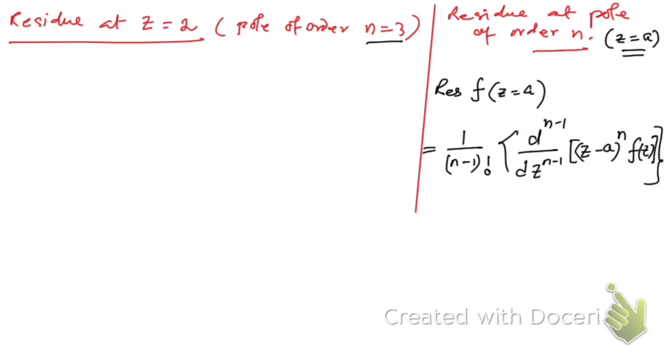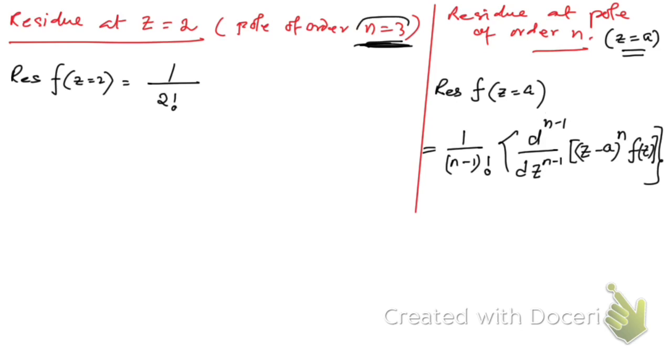So here n is equal to 3 and a is equal to 2. Therefore the residue of f of z at z is equal to 2 will be given by 1 by, as it is order 3, 3 minus 1 factorial, that means we can write 2 factorial. Then the order is n, so the derivative should be taken n minus 1th order.